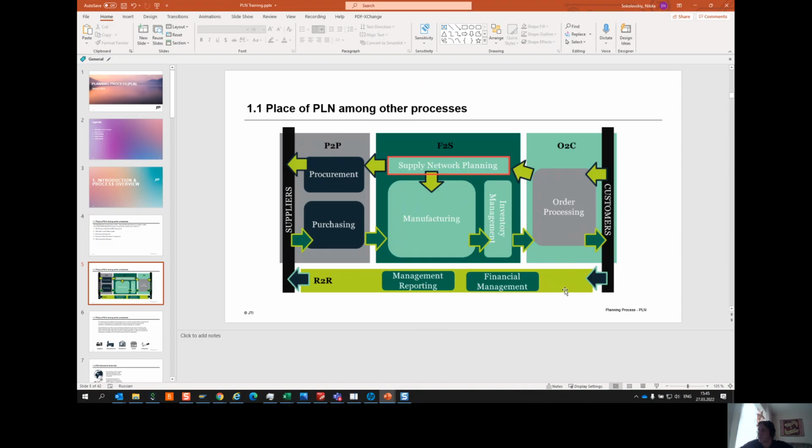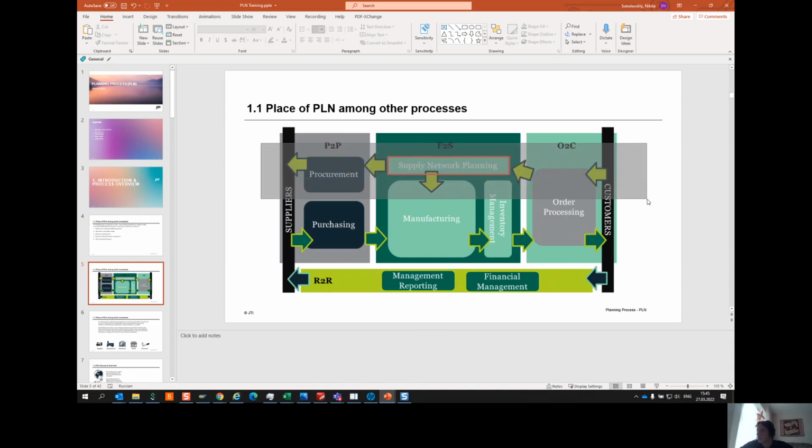So the money flow goes the opposite way, through financial management and management reporting. And we have some of the money left to start the cycle all over again and buy components, goods, equipment, and so on from our suppliers. So that's the continuous cycle of materials and money.